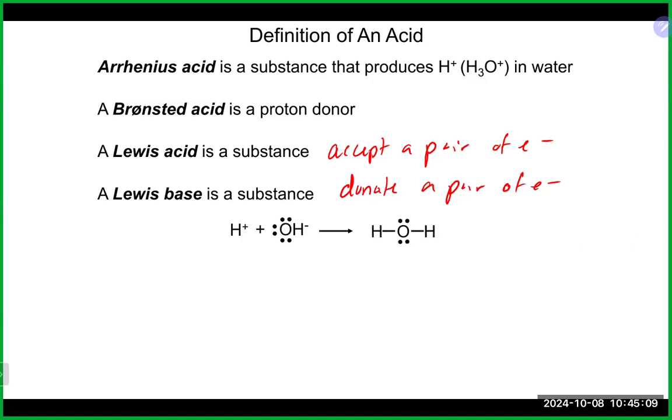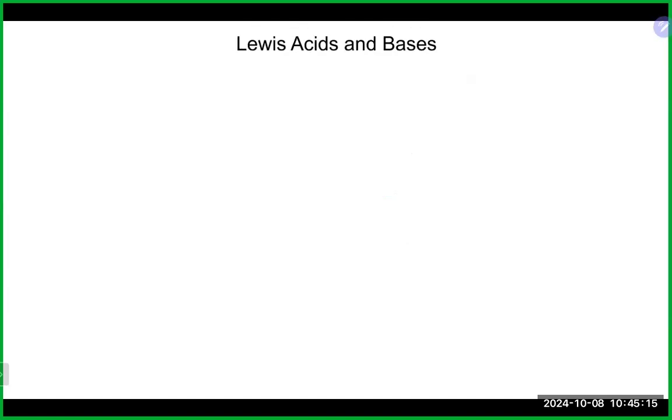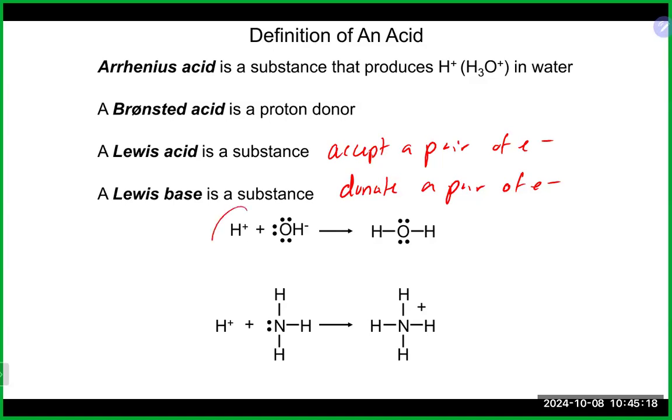So if we look at these couple of examples, here we do have our H plus, right? What makes something a good Lewis acid is something that can accept a pair of electrons, and usually things that want to accept a pair of electrons are things that are electron deficient. And those are things with positive charges, right? If you're a positive charge, you lost some electrons, so in that case, you like to gain some electrons.